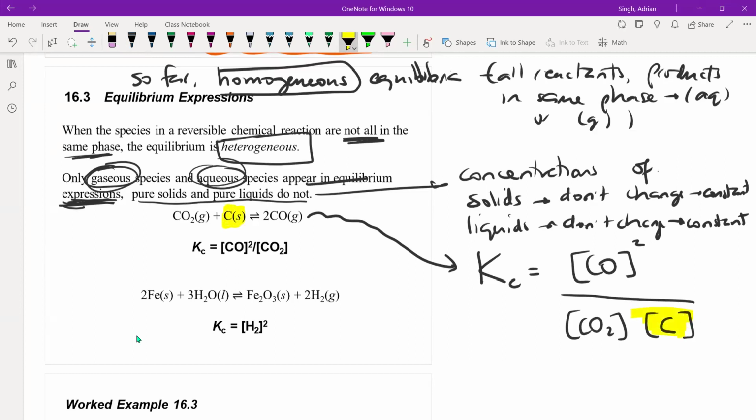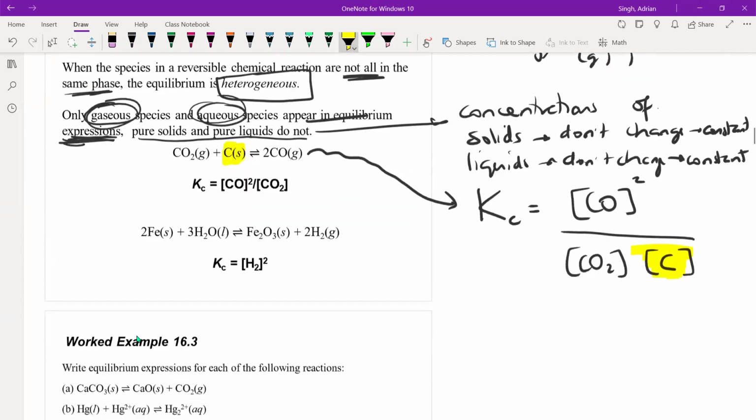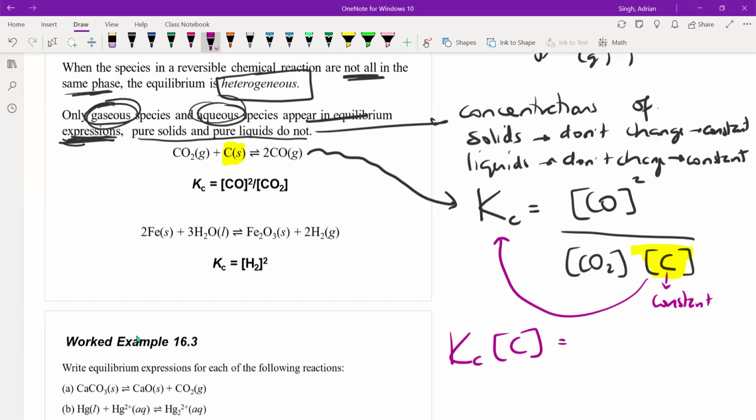So this thing here in yellow is a constant. The concentration is not changing. What we can do is move this over to the other side where there's another constant, the Kc constant. So if I move that over, what I end up with is Kc times the concentration of C is equal to CO squared over CO2.